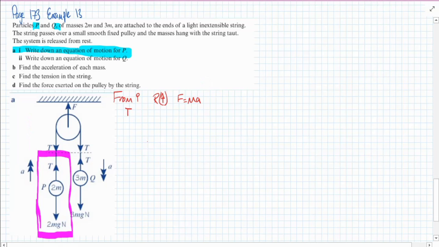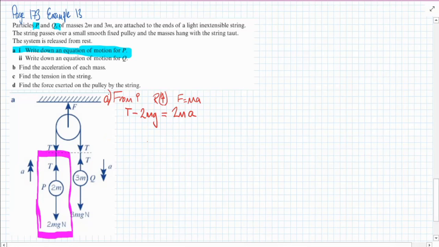So from our forces, biggest force first, take away the smallest force. That must be equal to its mass times the acceleration, which we're going to call a. I've got my first equation that's got something to do with motion, in other words, our first equation of motion for P.